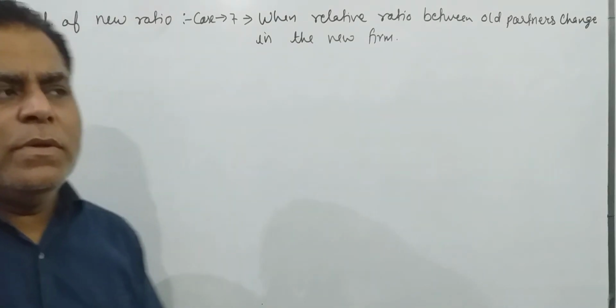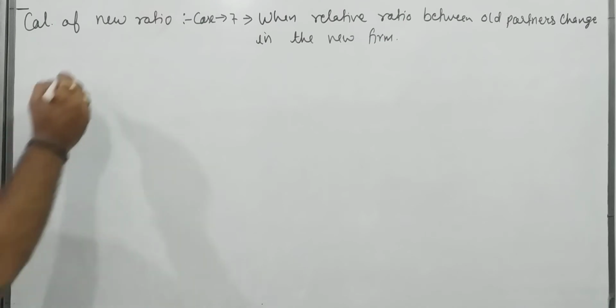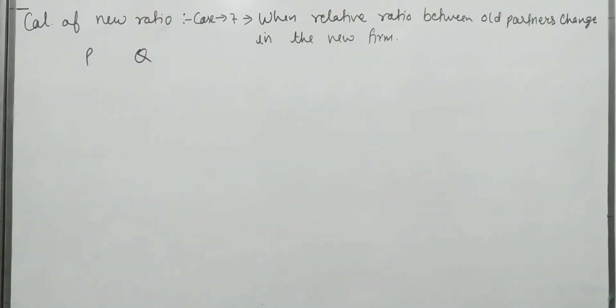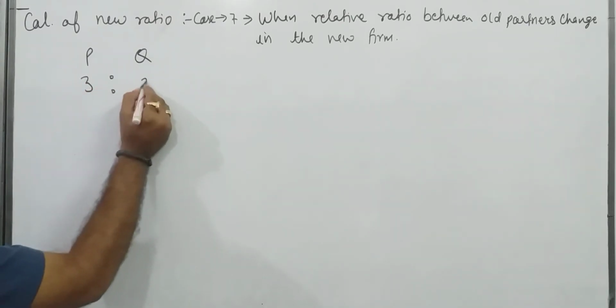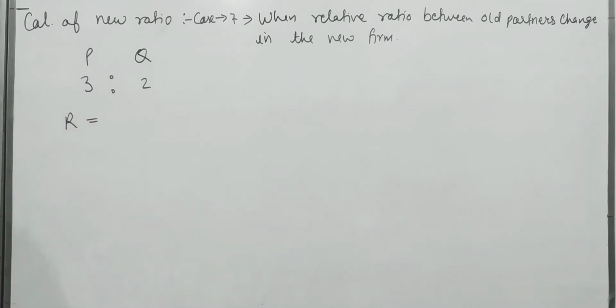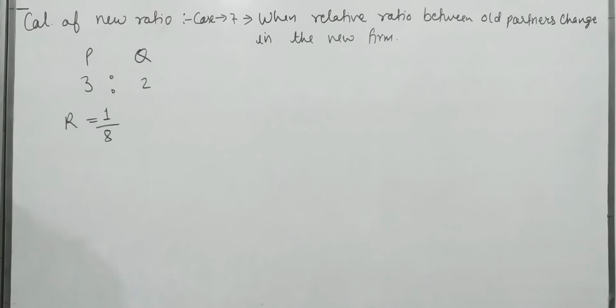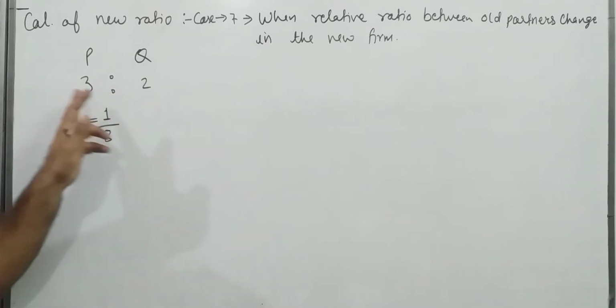Okay. Suppose I give one example: there are two partners P and Q. They are partners in the ratio 3:2. R is admitted as a new partner for 1/8 share. So P and Q are partners in the ratio 3:2.